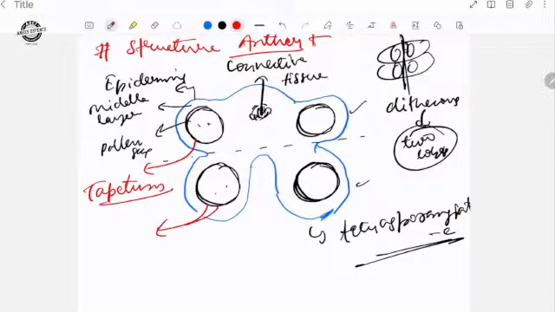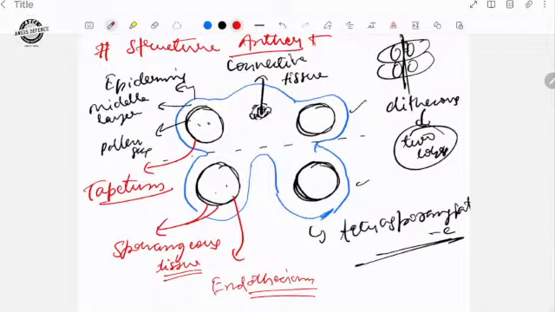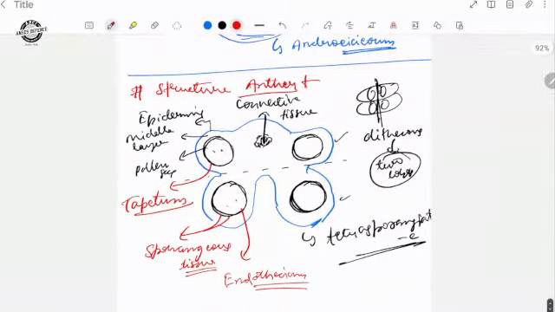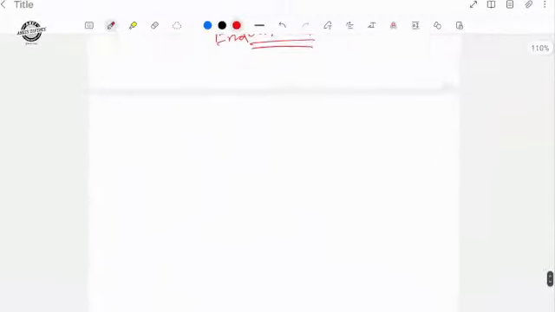Here only different types of sporogenous tissues are present. Behind that, one more layer is present, which is termed the endothecium. These are the parts of the anther that you should remember, because any part can be asked in the NEET exam.